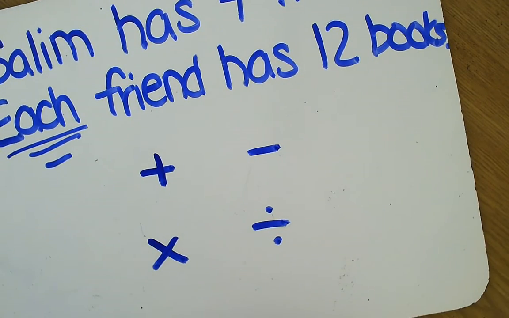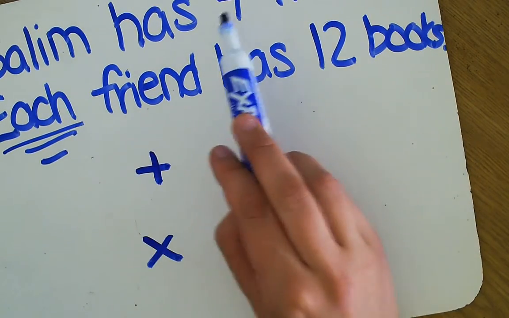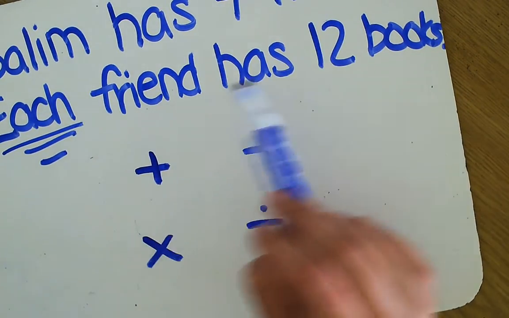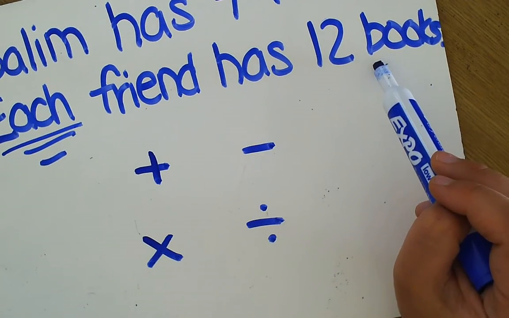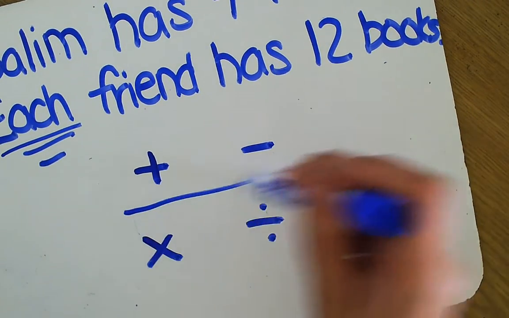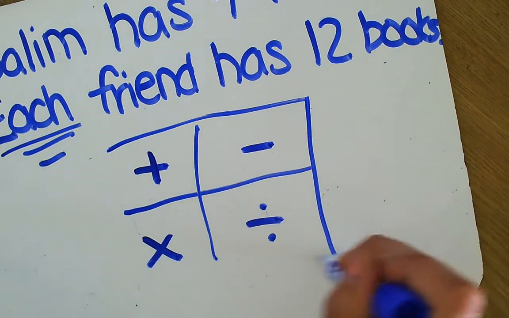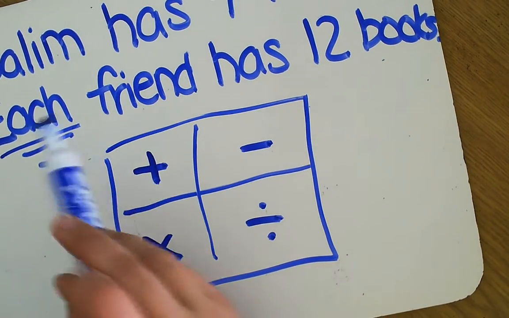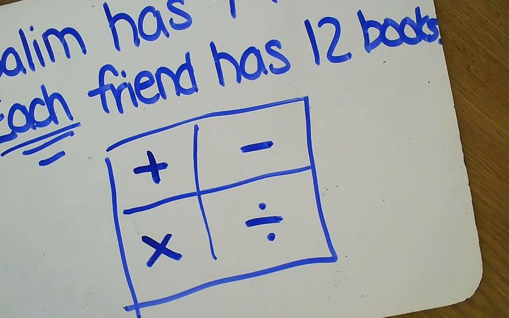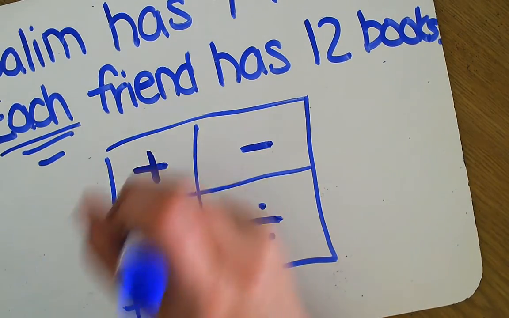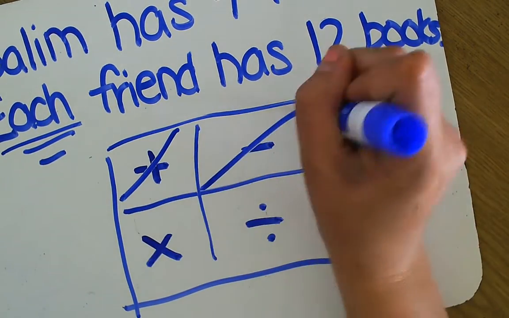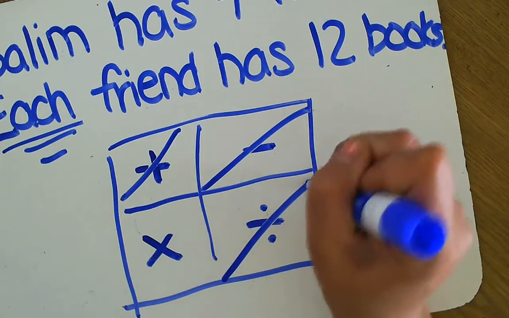Okay? So for the purpose of this, Salim has 7 friends. Each friend has 12 books. We have 4 choices on what we can do in this equation. But the word each tells us that we don't need to add, we don't need to subtract, we don't need to divide.